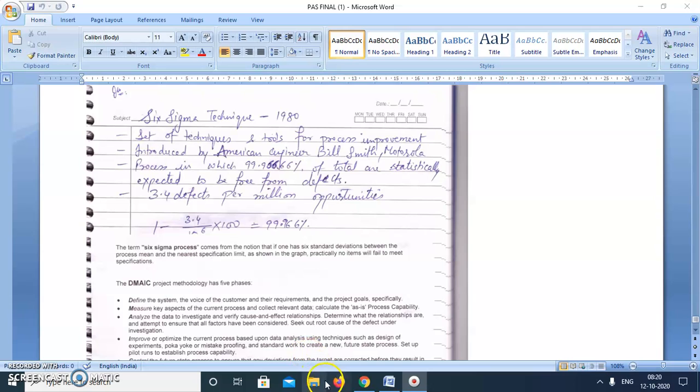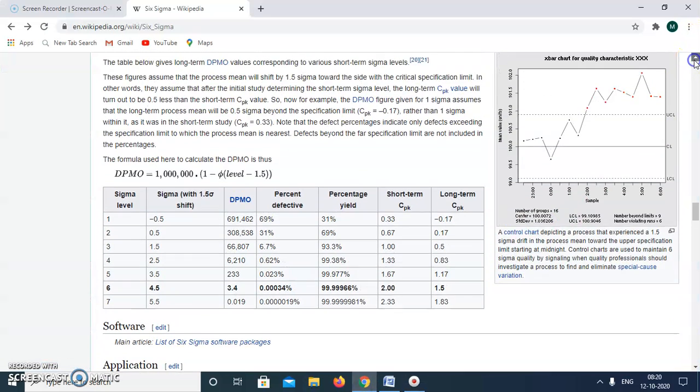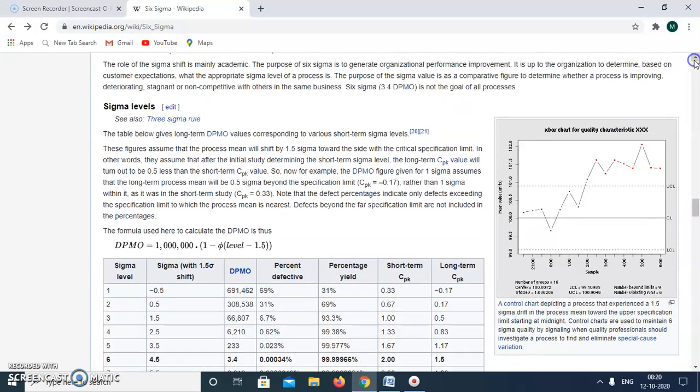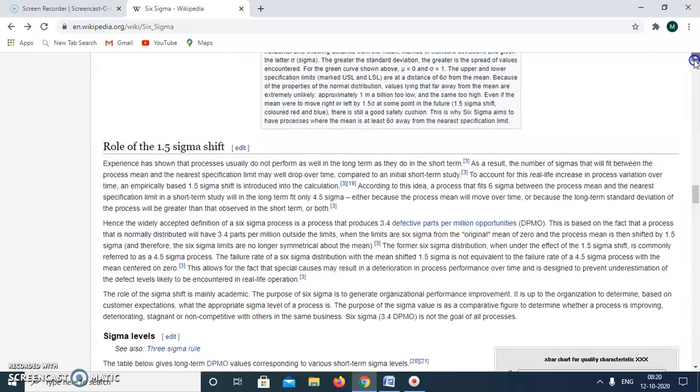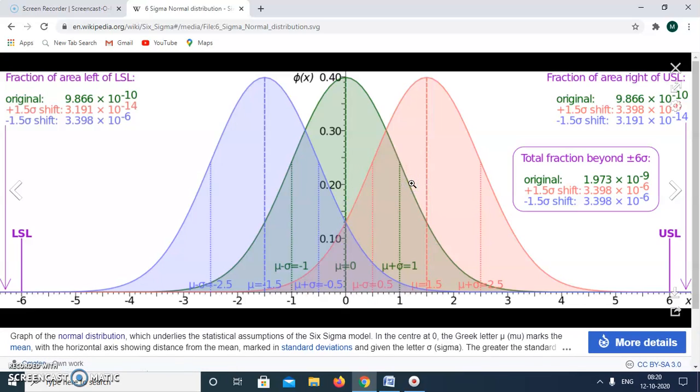So here one small thing comes in, which is the 1.5 sigma shift. Now what is the meaning of 1.5 sigma shift? We'll try to understand. Suppose this green graph is the normal distribution graph for the mean and standard deviation of the given product.